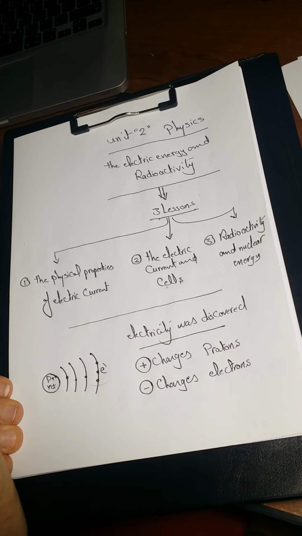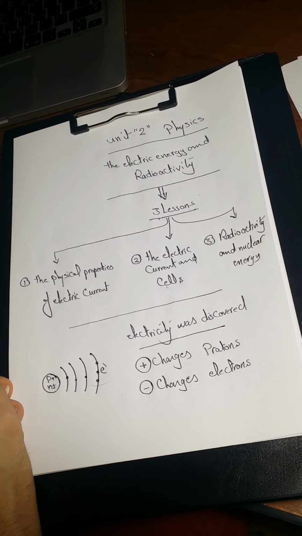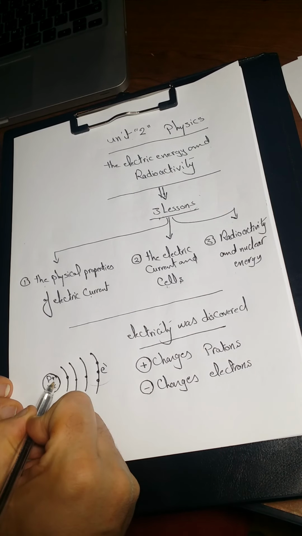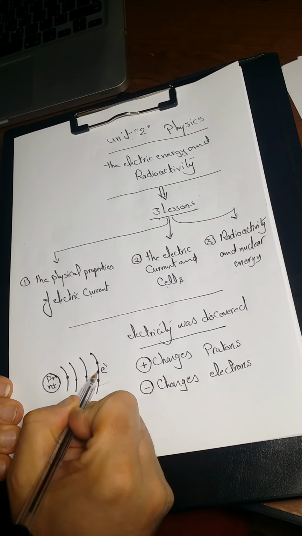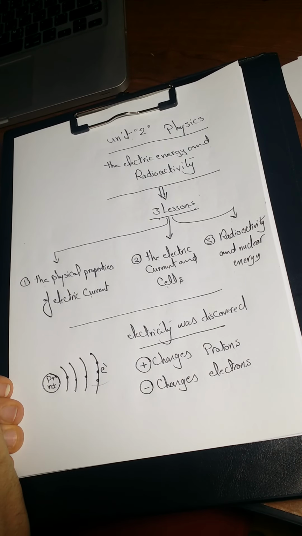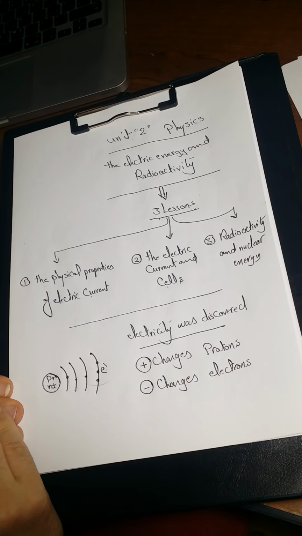They can't leave the atom and move from one atom to another. But if those electrons are far away from the attraction of the nucleus, those electrons are called free electrons, as they can move from one atom to another.